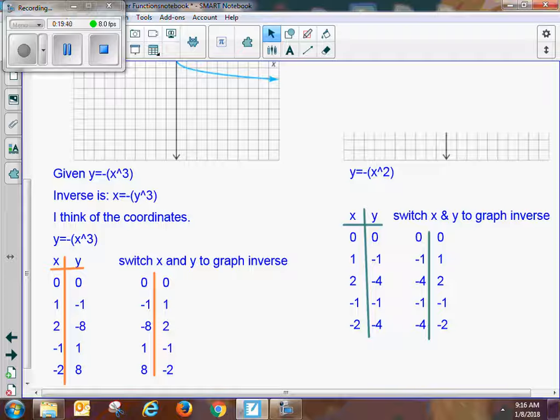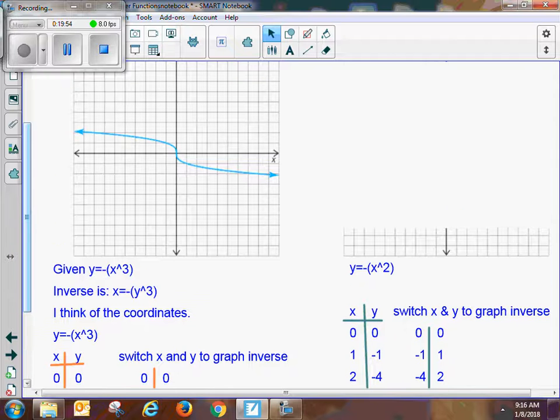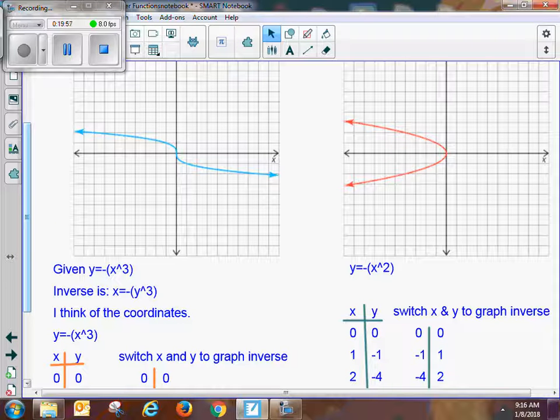So picture what happened. We had our parabola that did this to start. Can you picture what my final answer is going to look like? Yes? Okay. Was that what you pictured? Very good. Is this one invertible? Awesome. Very good.